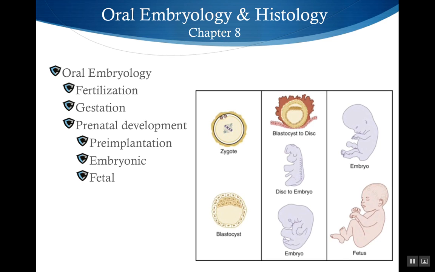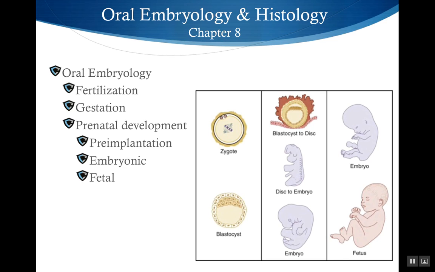Now, the cells within that zygote begin to divide, continue dividing and dividing until a blastocyst is formed. That blastocyst is what then implants in the uterus, and then development continues.